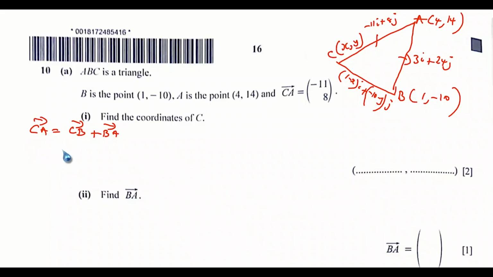Then we can say minus 11i plus 8j is equal to 1 minus x into i, then plus open bracket minus 10 minus y into j, then plus 3i plus 24j.